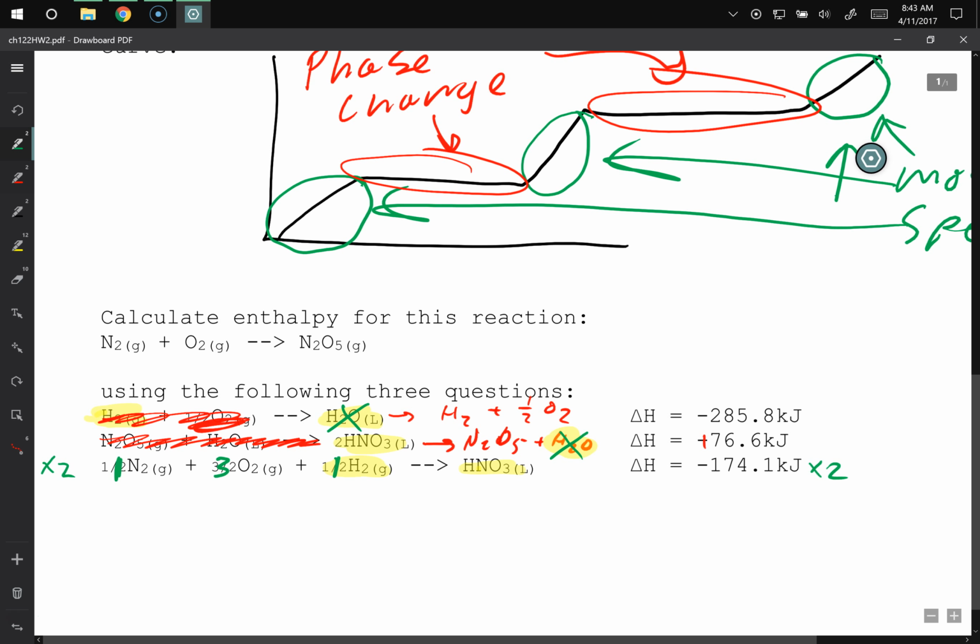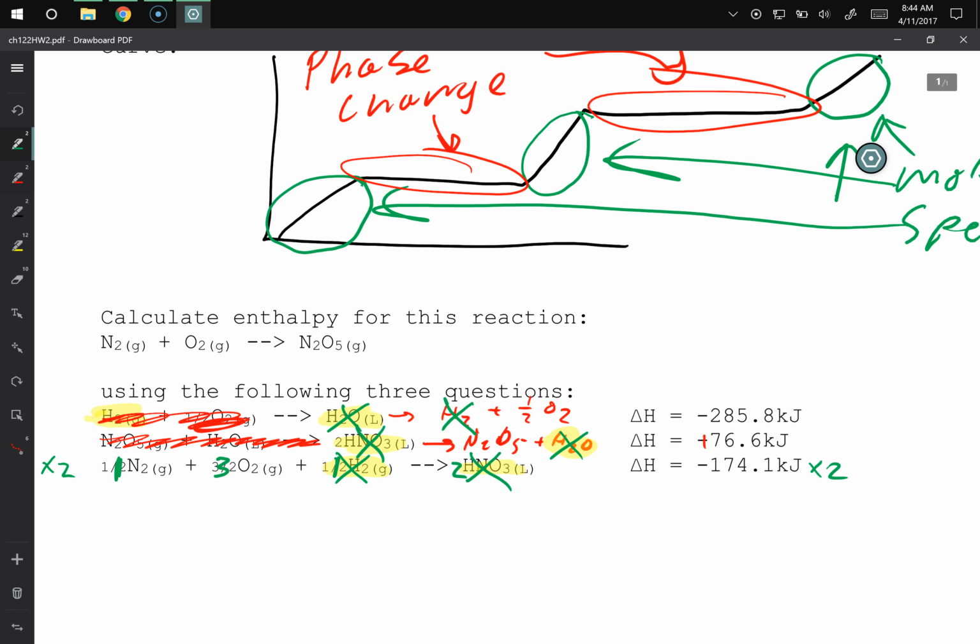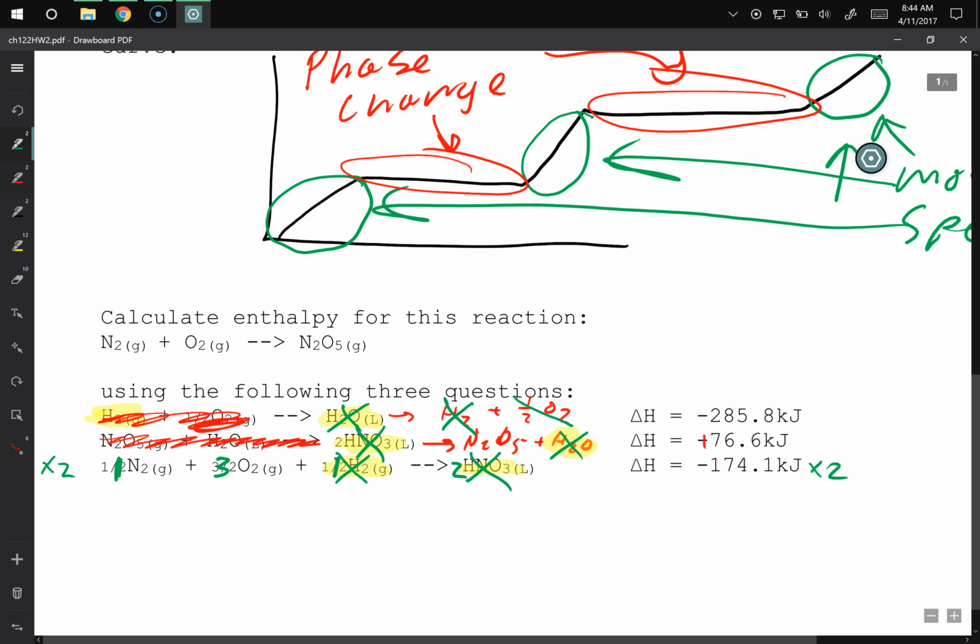This turns into a 1, and this turns into a 2, which is great because then I can get these 2 nitric acids to cancel out with those 2 nitric acids since they're on opposite sides of the arrow. And I can get this 1 hydrogen to cancel out with this 1 hydrogen. And that's a half of oxygen. This half of an oxygen.